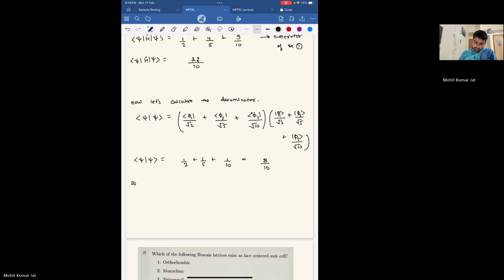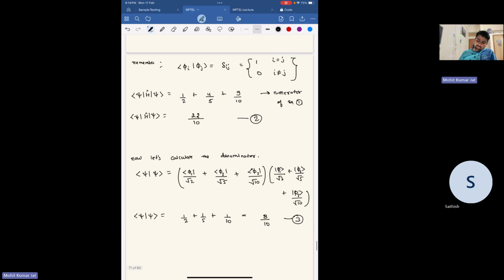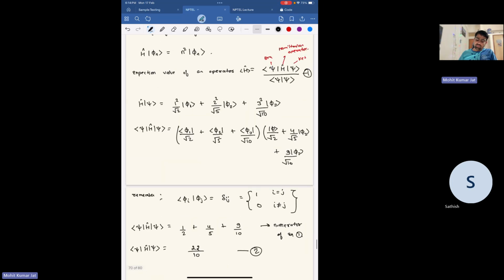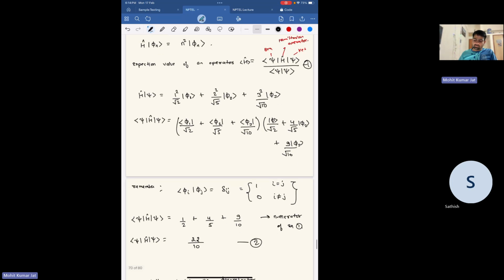So the expectation value will be psi Hamiltonian psi. So this is equation 2 and this is equation 3. Let's compare it with equation 1, which says that the expectation value of an operator h will be psi h psi divided by the normalizing factor.